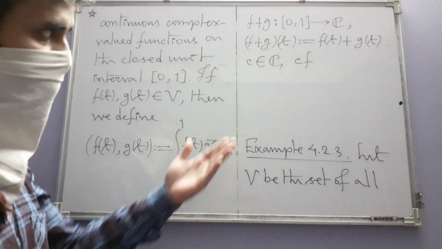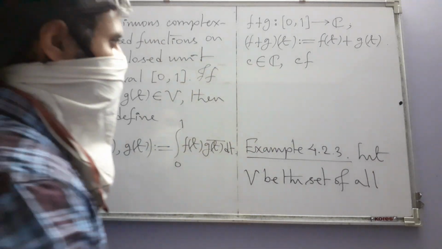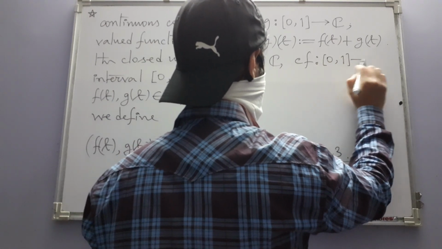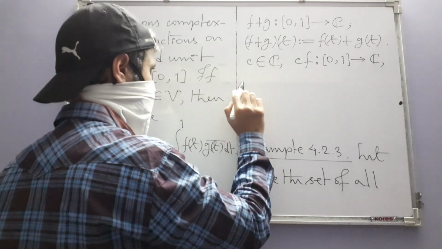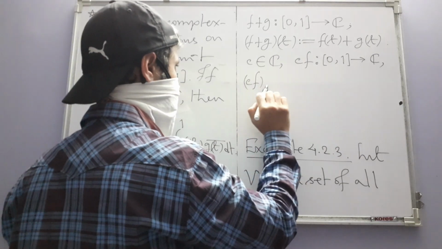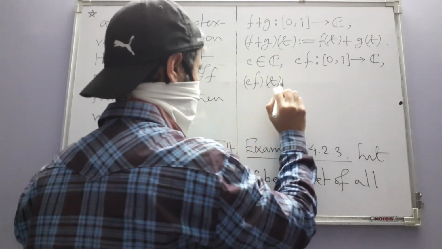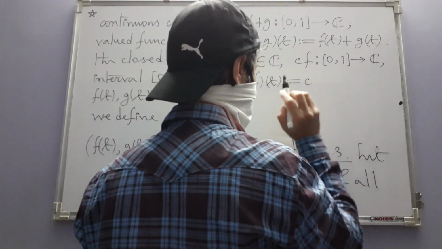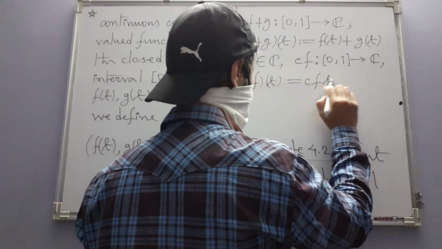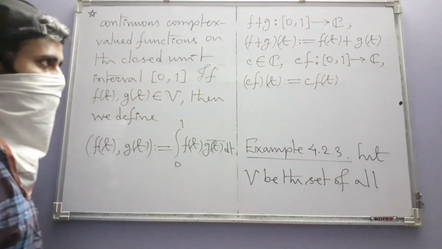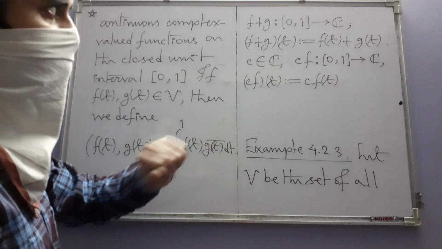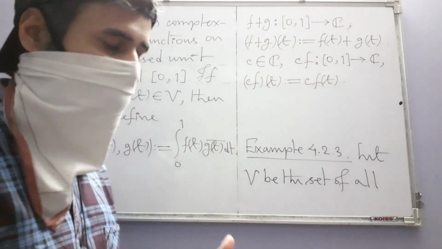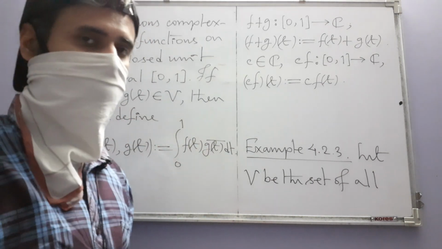We need it to again be an element in V, so we also need it to be such a function, and its definition is just this: evaluating this function at t means it is defined to be just the product of the complex number c and the complex number f of t. It turns out that under these two operations, with this one as vector addition and this one as multiplication by scalar, this is a vector space.